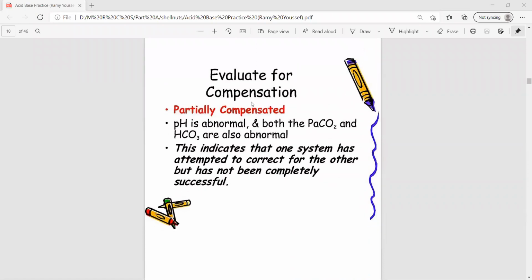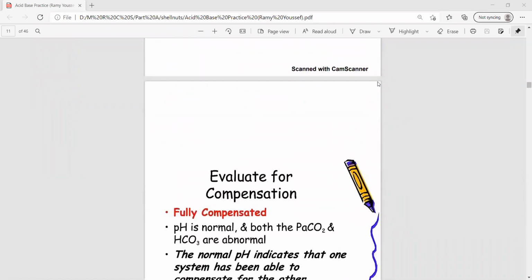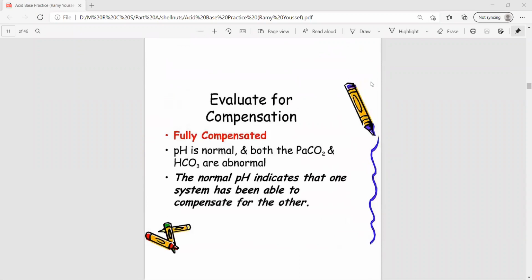Partially compensated means both of them are abnormal, and the pH also is abnormal. So this is partially compensated. Fully compensated, the pH should be normal.